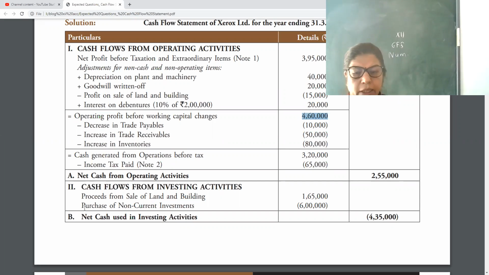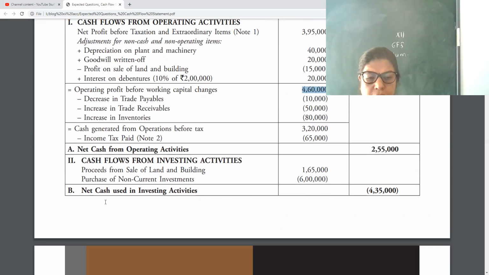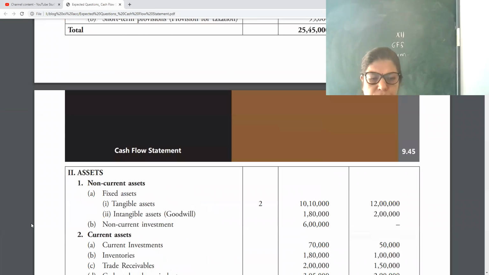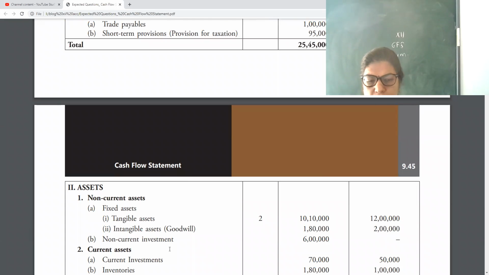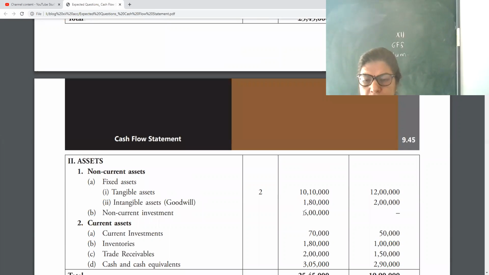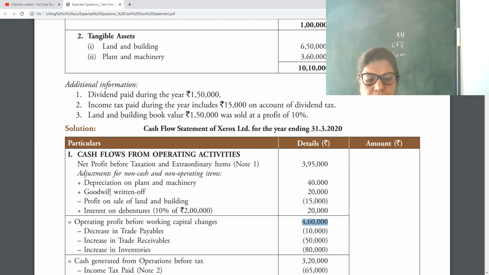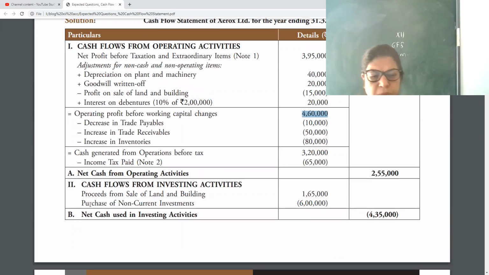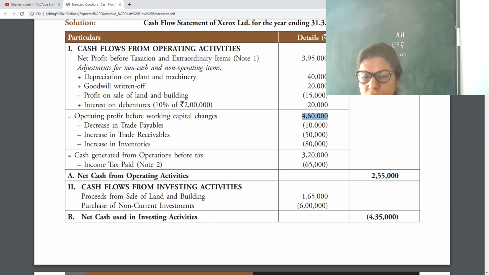Now next, investing activity. In the investing activity, we have to see these two: fixed asset and non-current investment. Non-current investment earlier was 0, now it is 6 lakh. It means non-current investment is purchased.